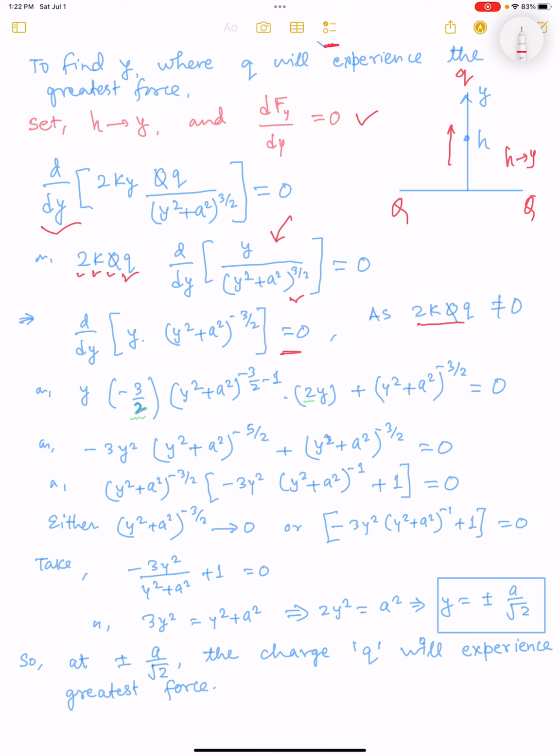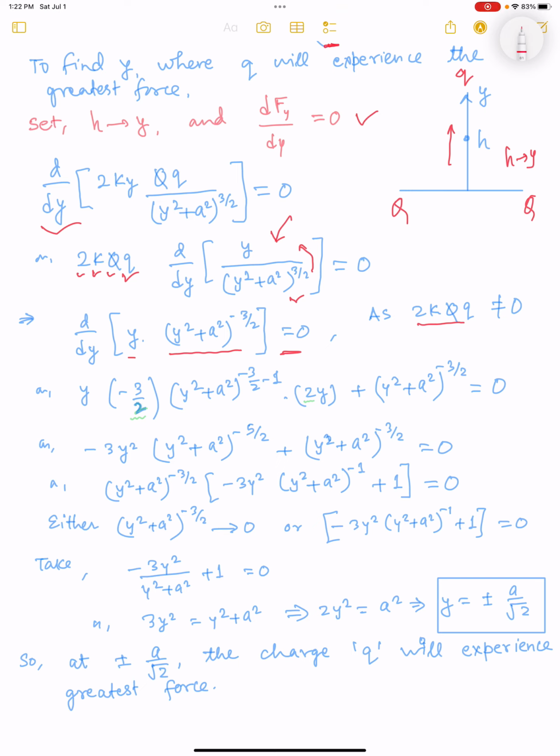I have rewritten this expression as the product of y and (y squared plus a squared) to the power negative 3 by 2. If this goes up, the sign of the indices has to change to the opposite, so it goes negative. I feel it is easier to use the product rule instead of the quotient rule whenever doing a derivative.